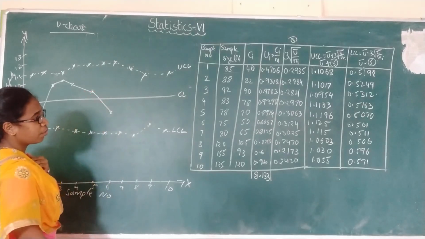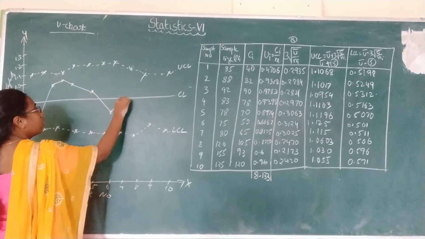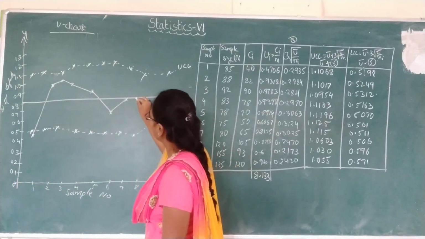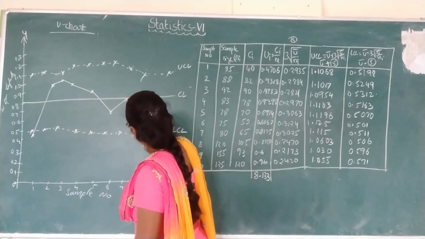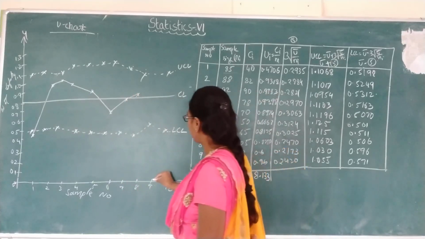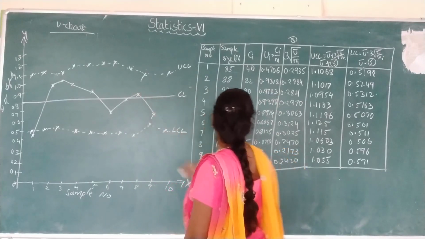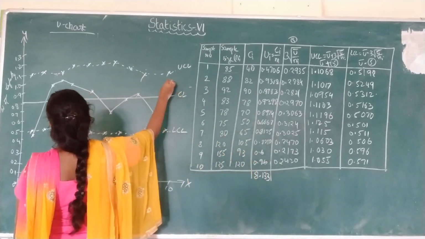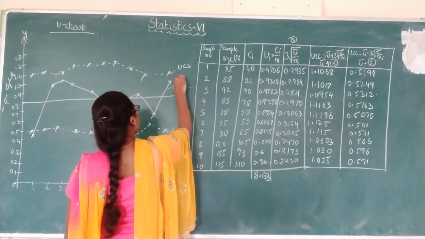Next is 0.81. And the next one is 0.87. Next value is 0.6, ninth value is 0.6, and the last value is 0.96. So this is the required Ui line.